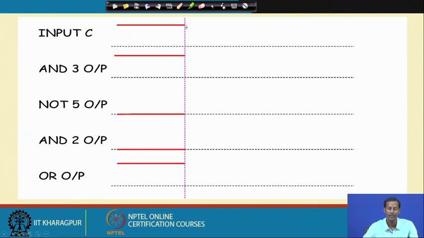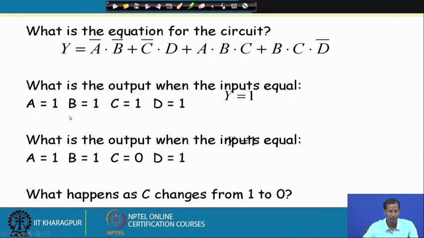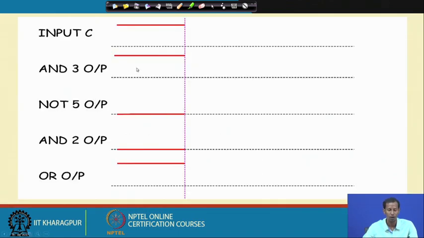Input C is basically at 1. Then the AND 3 output, this is the AND 3 output. C is 1, A, B, D all are 1. So, in an AND gate what happens?